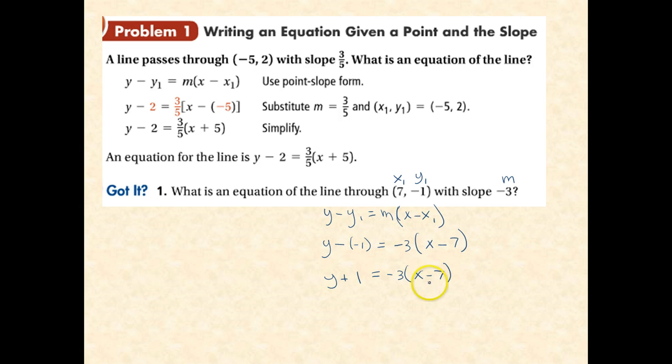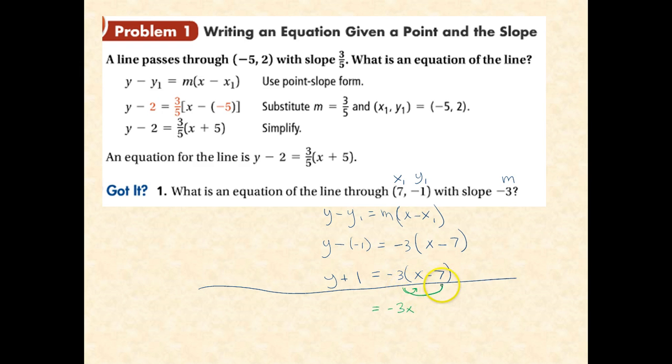Now, I want you to realize that you could really easily change this into slope-intercept form. All you would have to do is distribute the -3 and then subtract 1 from both sides. So for fun, I'm going to do that. Negative 3 times x is negative 3x.